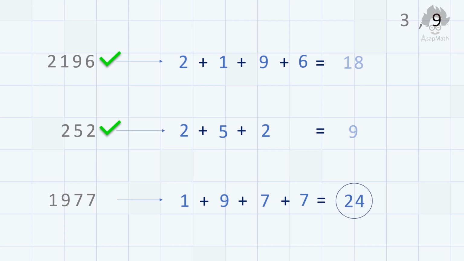Digit sum 24 is not divisible by 9, so the whole number is not divisible by 9.